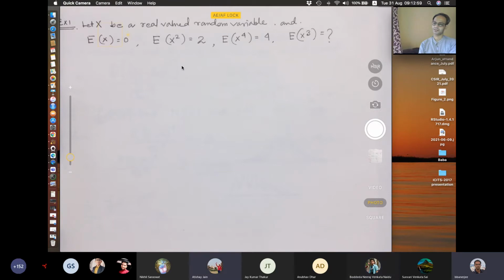Sir, we can write E of X power 4 as an integral. Yes, so then we can integrate by parts. But the PDF is not given to you. What integration will you do? Sir, we will try to convert it into the form of other moments.